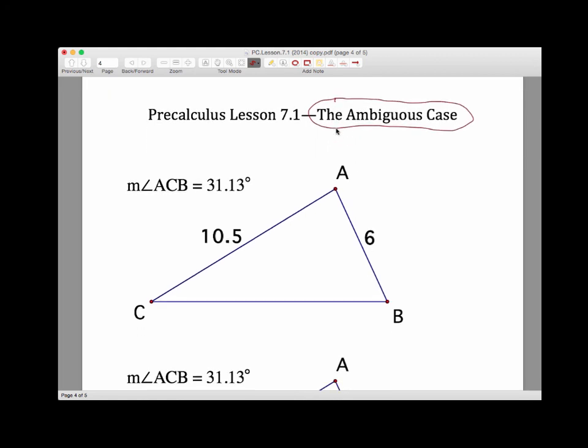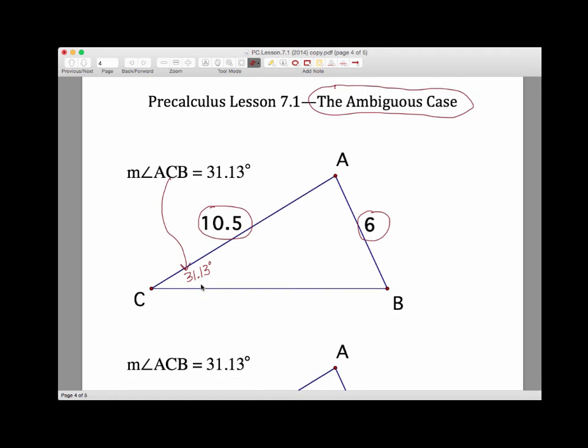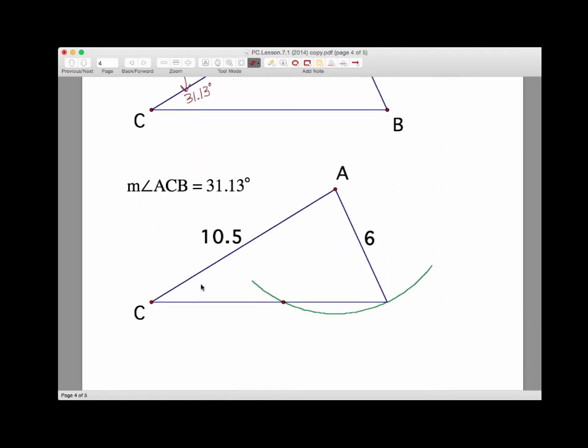So for instance, if I passed out compasses and rulers and I said, all right, side AC has to be 10.5 inches, side AB has to be 6 inches, and angle C must be 31 degrees or something like that. If you were required to build a triangle with those 3 pieces in those 3 positions, it turns out that, of course, you can make the big triangle, but when you swing your compass around with that distance of 6 inches, your compass can actually hit in 2 places.